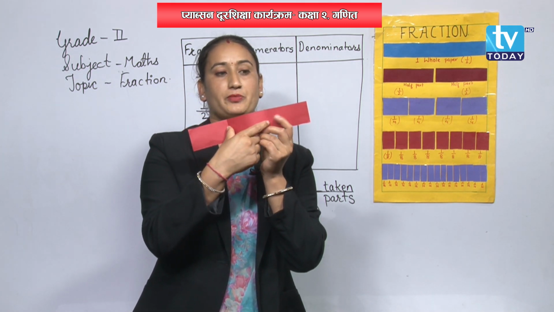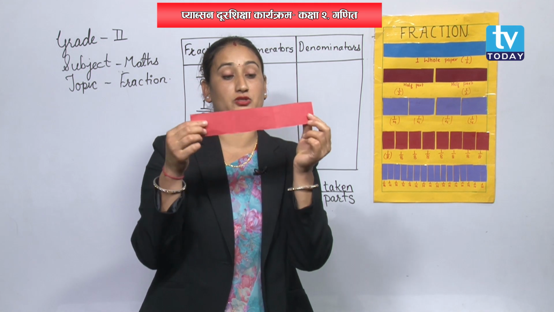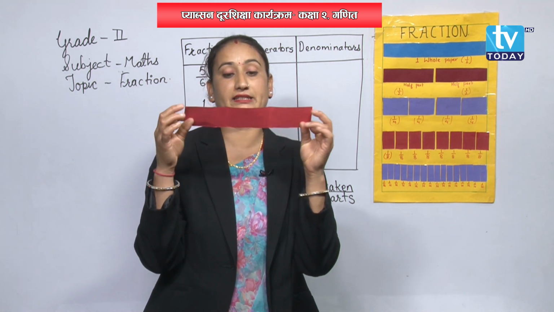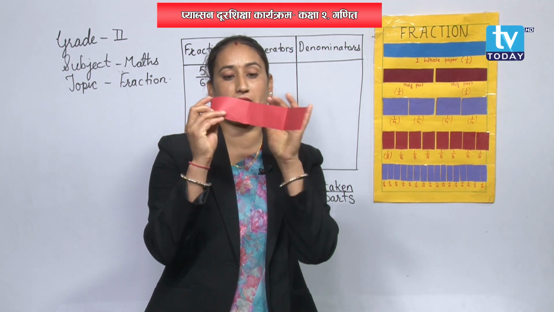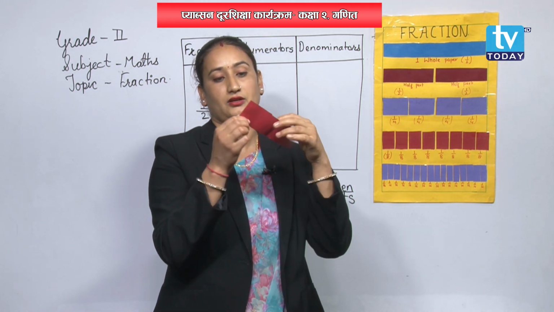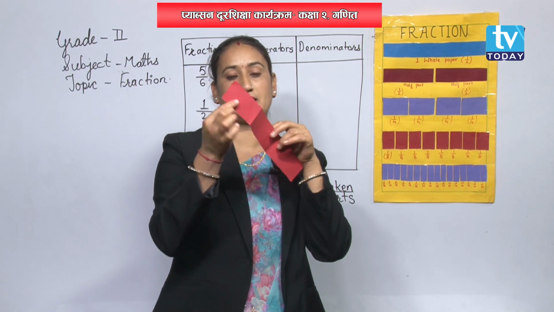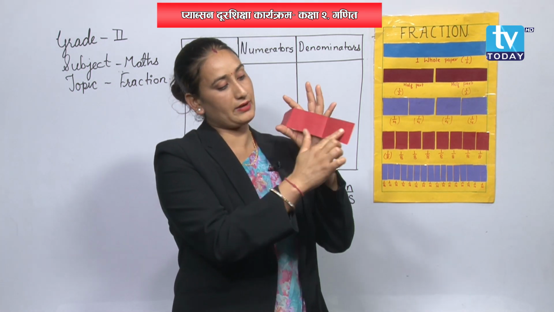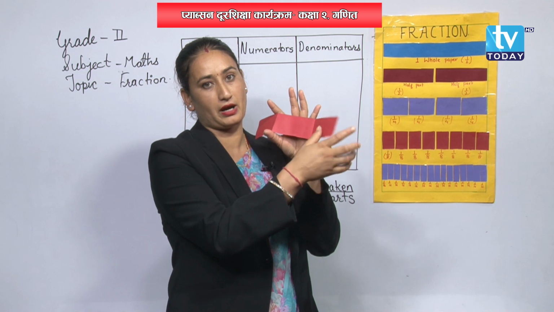This is another part and this is another part. So, I have divided this single paper into 3 parts, and this is the line which divides the whole paper into 3 parts.